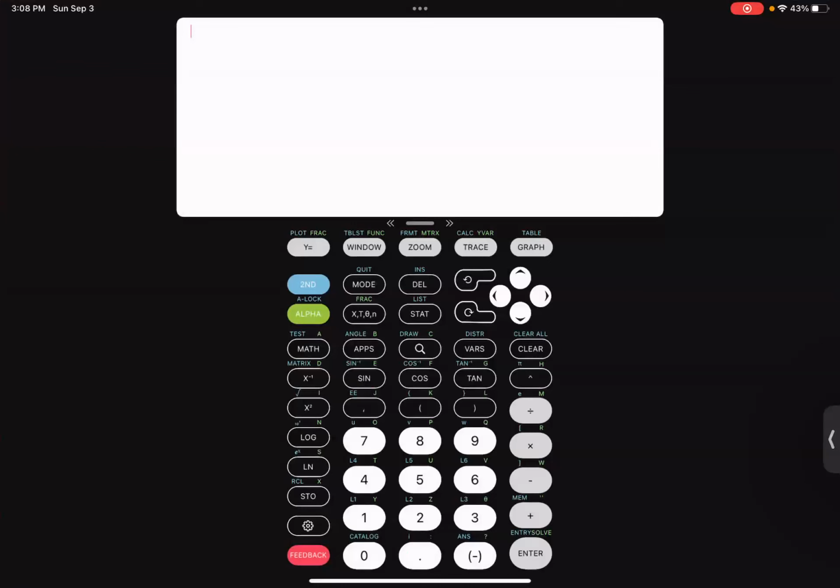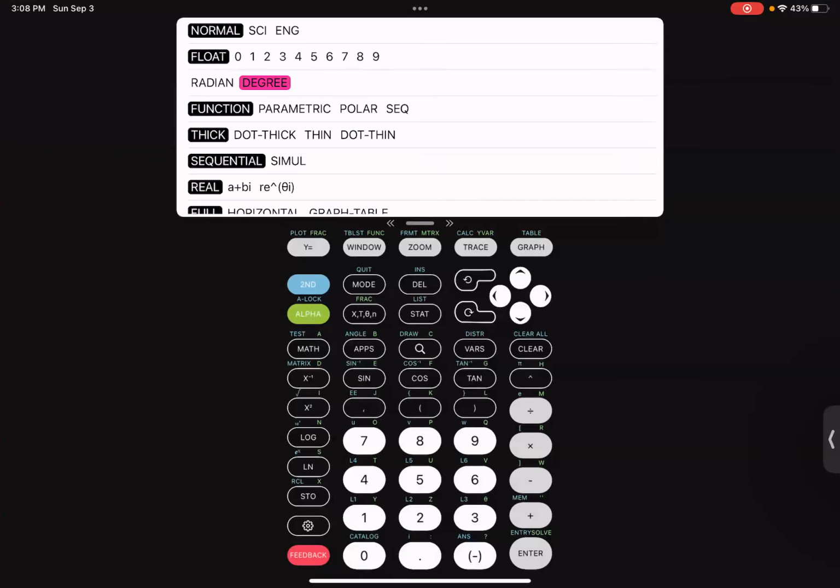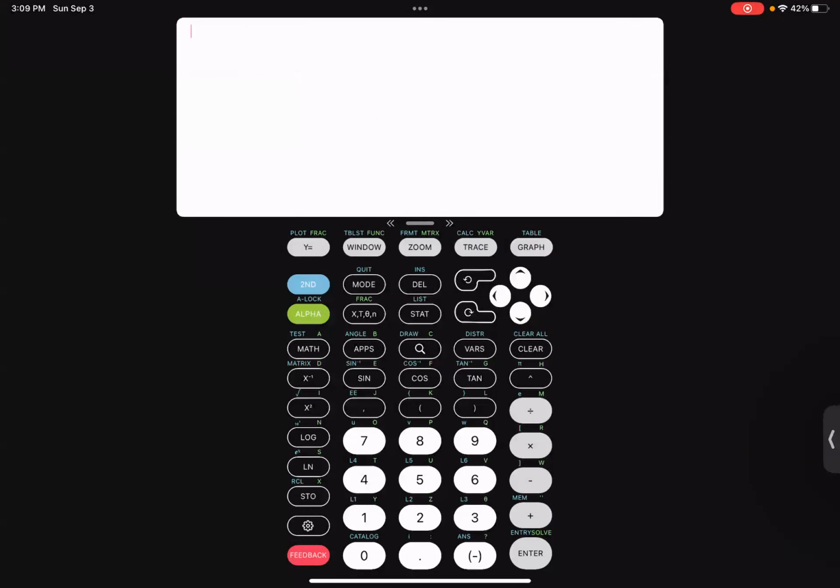Make sure we have the degree mode. Yes, it is, because you see the degree is highlighted. Then we quit second mode. So what should I put? I should put 20 times tangent. Click TAN, then 62.5.